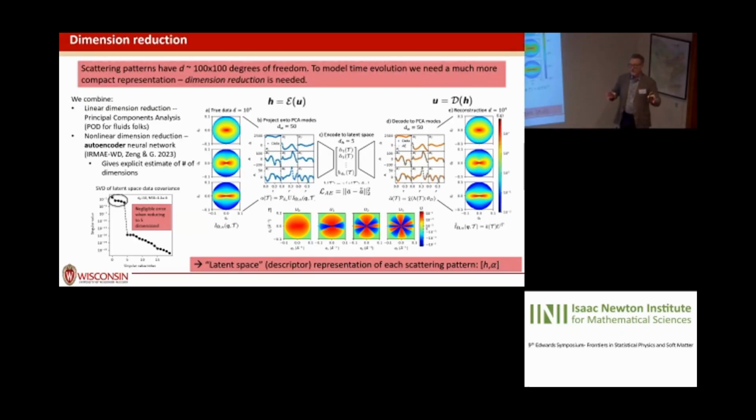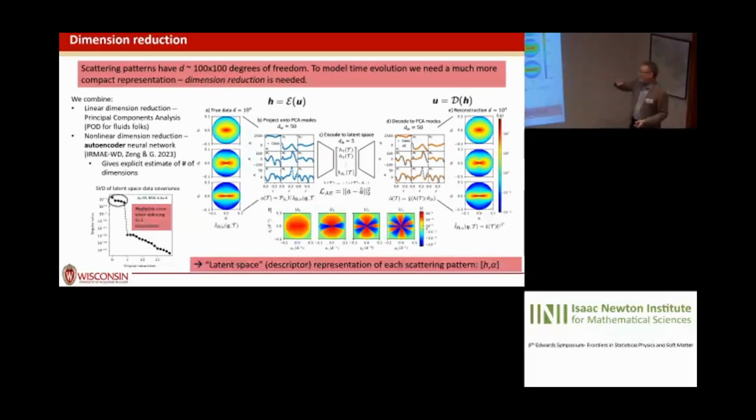PCA you can argue is interpretable because it's the best linear dimension reduction scheme in a least squares sense. So if that means interpretable to you, then fine. And then we have this nonlinear piece and descriptors that individually don't have any particular physical meaning, right? Just to be clear on that.